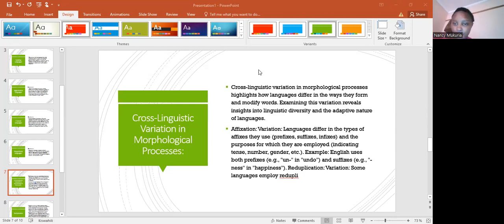Affixation variation: languages differ in types of affixation. They use prefixes, suffixes, and infixes, for purposes such as indicating tense, number, gender, etc. For example, English uses both prefixes, e.g., un-, in, and suffixes, e.g., -ness in happiness.